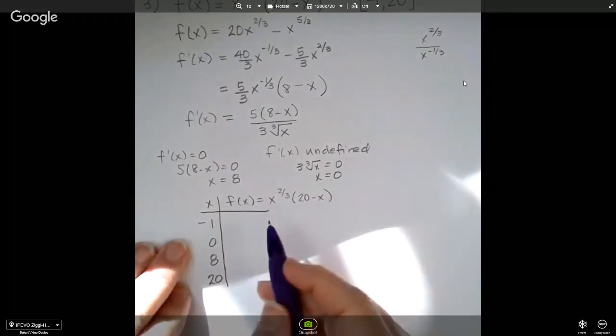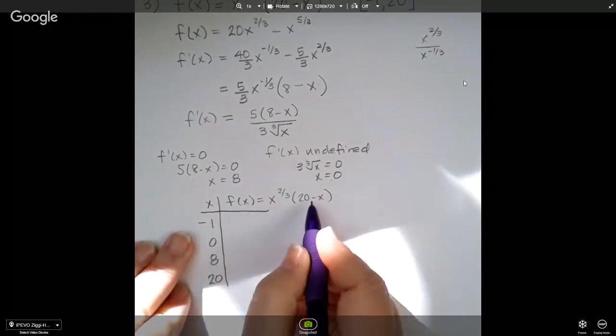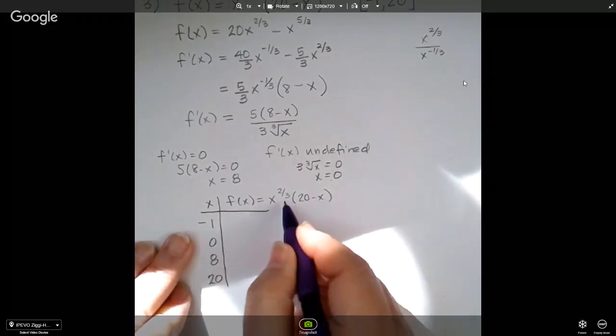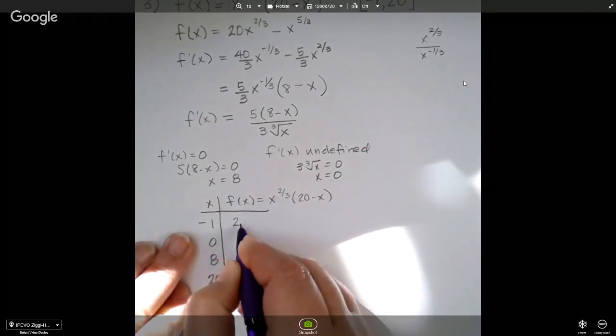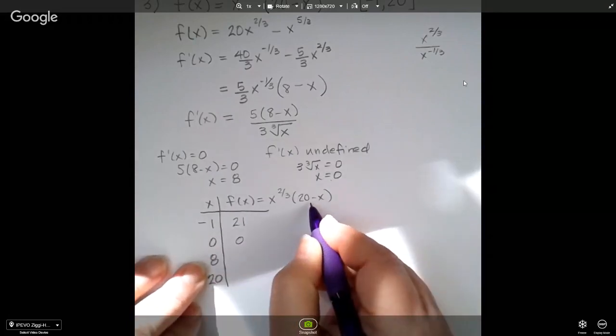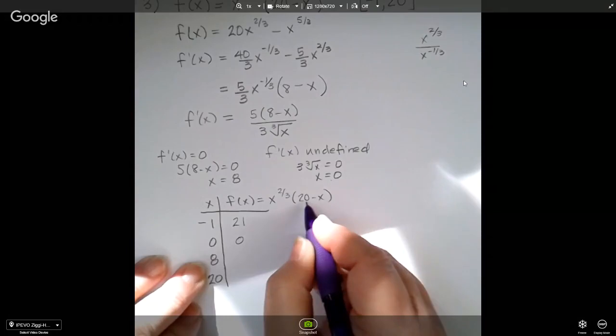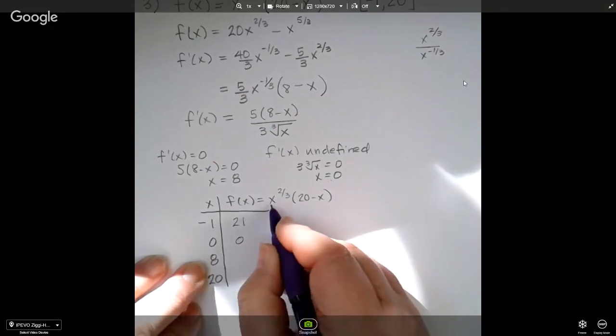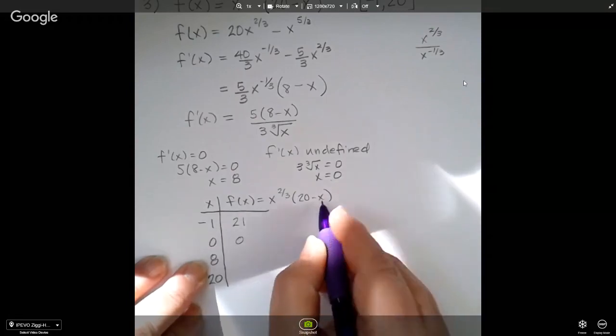All right, so when I plug in negative 1, we're going to get 21 here, and that's going to be the cube root of negative 1 squared, which is 1, so this will be 21. When I plug in 0, I get 0. When you plug in 8, you're going to get 12 here. And then the cube root of 8 squared is 2 squared, which is 4. 4 times 12 is 48.